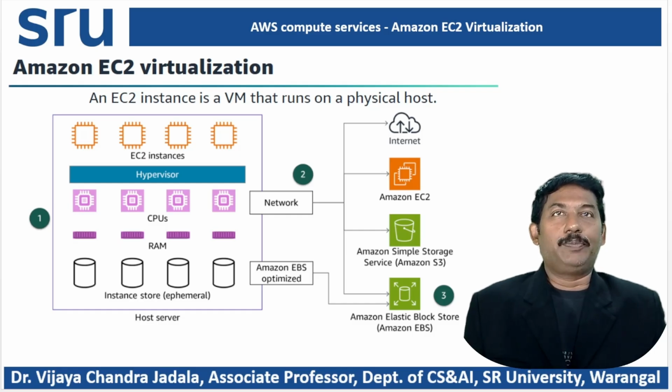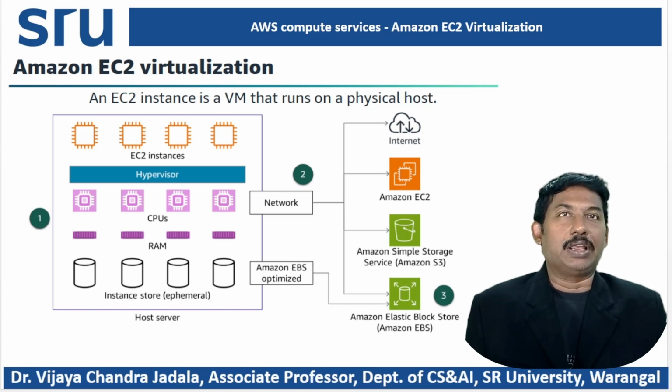As part of Amazon Elastic Compute Cloud, today we are going to discuss the Amazon Elastic Compute Cloud virtual overview. Here I am going to discuss the Elastic Compute Cloud instance and how it is essentially a virtual machine which runs on a physical host server within Amazon data centers.